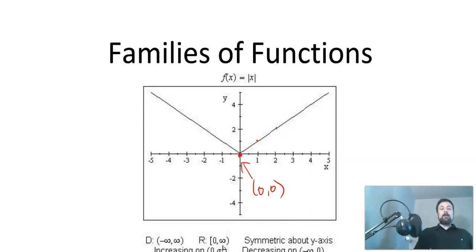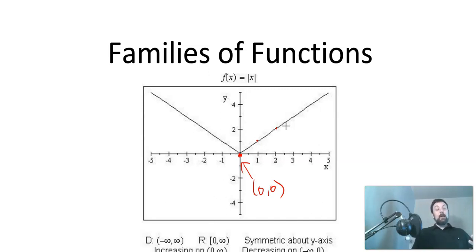Now underneath, it's in the textbook as well. For the parent function, for the basic function, these are the characteristics of it. But many of these characteristics will change once you make changes to the graph. So for example, the range for the basic graph is 0 to infinity.